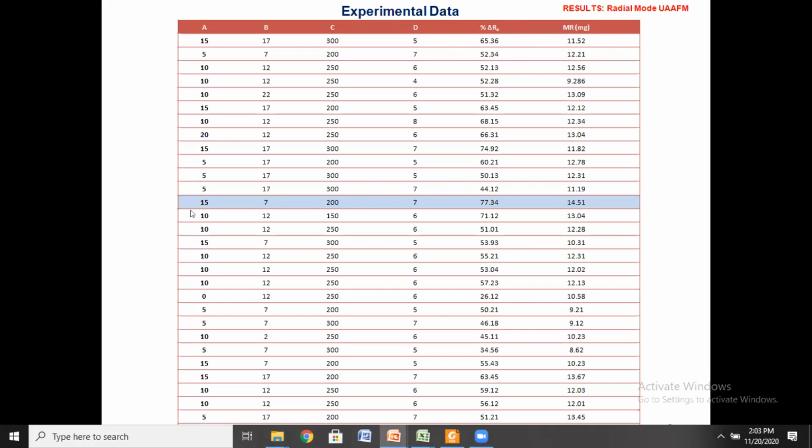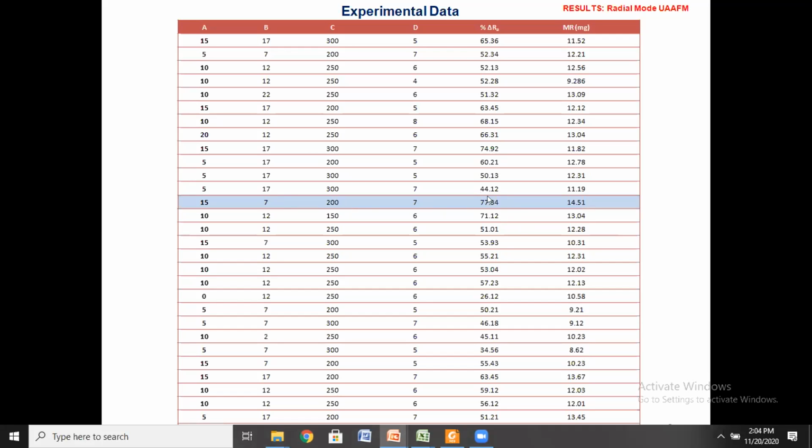So here at a particular run, where 15 kilohertz frequency, 7 bars extrusion pressure, 200 mesh size and 7 minutes of processing time, I'm getting 77.34 percentage of improvement of surface finish compared to initial, right?